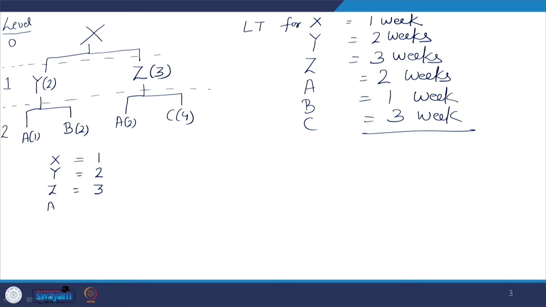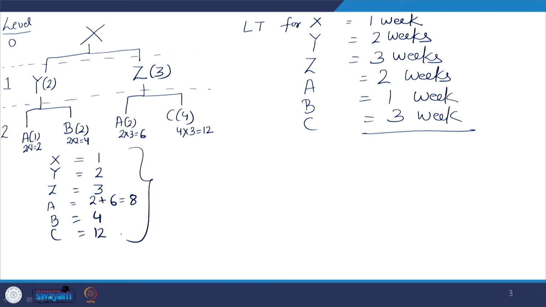And then for 1 unit of Y, you require 1 unit of A. So, for 2 units of Y, you require 2 into 1, that is 2, and for 2 units of Y, you require 2 into 2, that is 4 units of B. For 3 units of Z, you require 2 into 3, 6 units of A, and 4 units of C, that means 12 units of C. So, A's requirement is 2 plus 6, that is 8, B's requirement is 4 and C's requirement is 12.